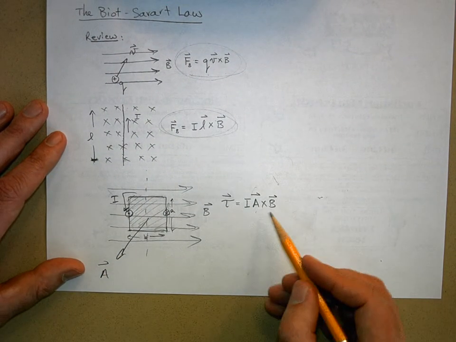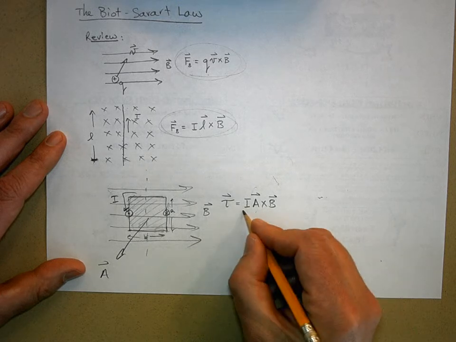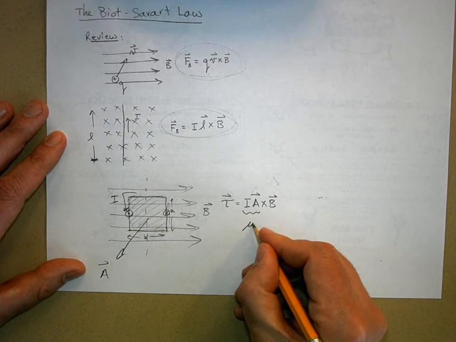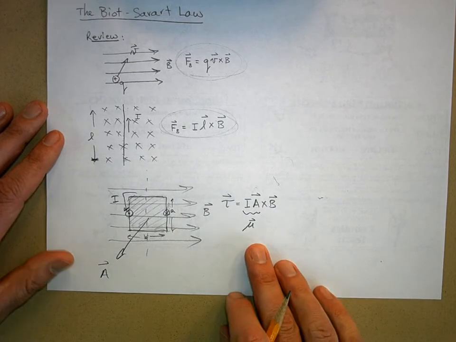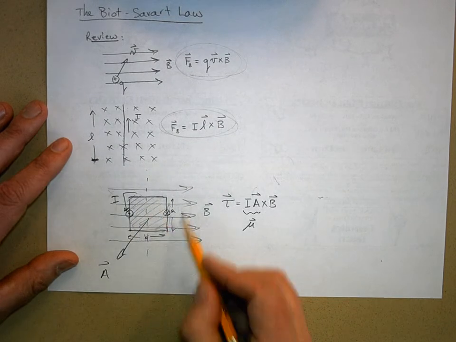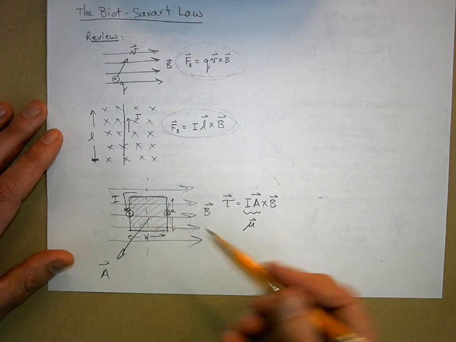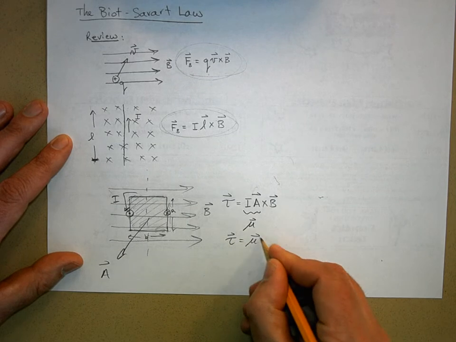And then A cross B, and remember we said that I times A, we define that to be the magnetic dipole moment. That's just a definition. It's a characteristic of the wires, how many wires you multiply it, and all that. So we said that the torque is equal to mu cross B.